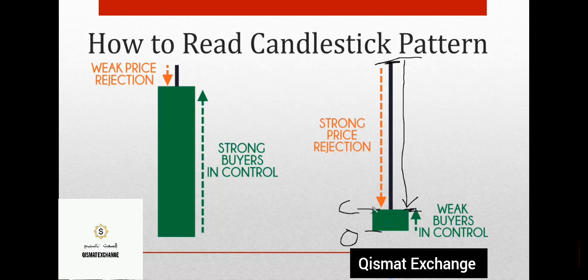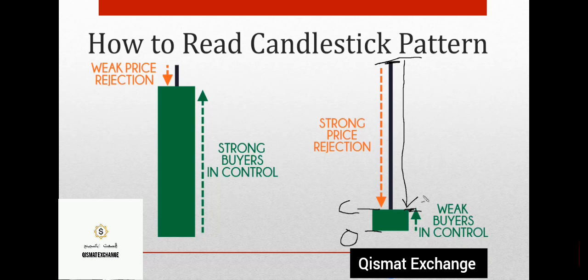It tells you that yes, the buyers did push the price slightly higher for the session, but there was an immense amount of selling pressure, a strong price rejection, that pushed the price lower during the session. So this isn't a very bullish pattern. In fact, it's quite bearish, as it shows you the immense selling pressure by the sellers.